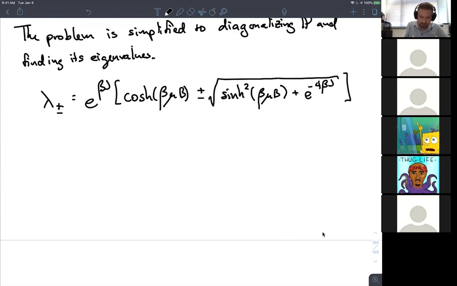This is what they are. So now you can see why I labeled them plus or minus. The plus eigenvalue corresponds to when you take the plus sign here, and the minus eigenvalue is when you take the minus sign here.